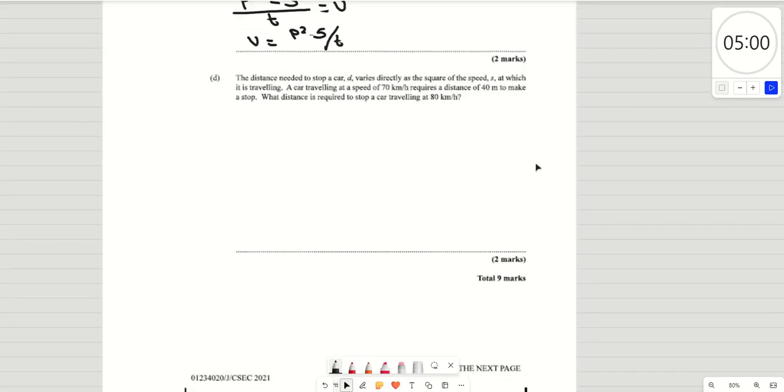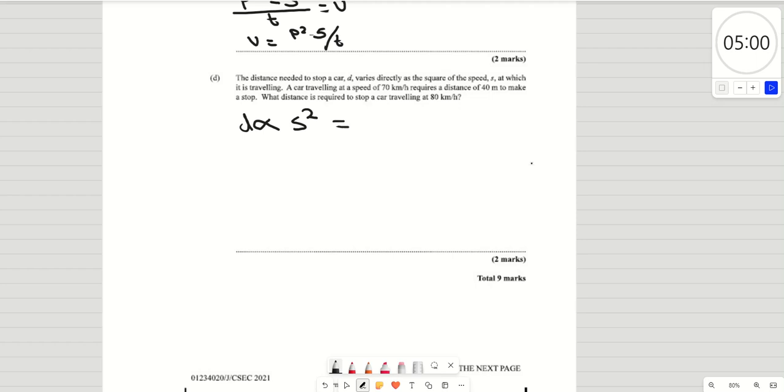All right, part D, let's read it very quickly. The distance needed to stop a car, D, varies directly as the square of the speed. So that is speed squared at which it is traveling, right? So that's what this first statement means.